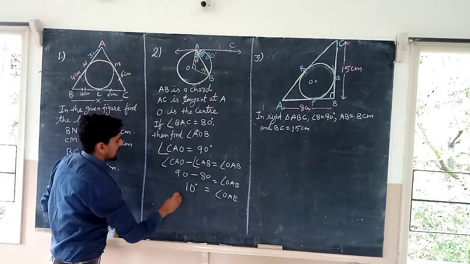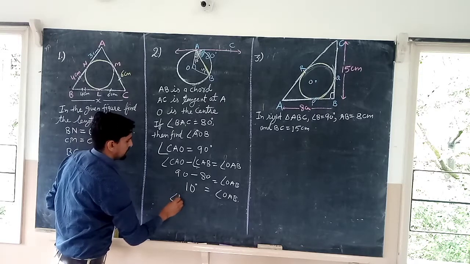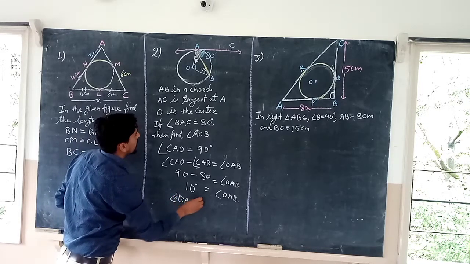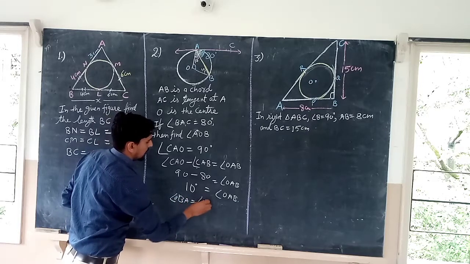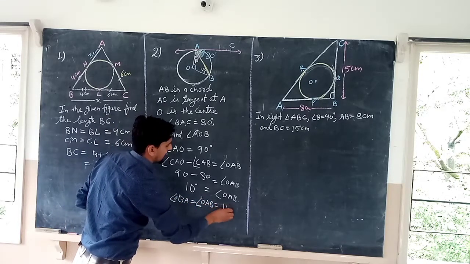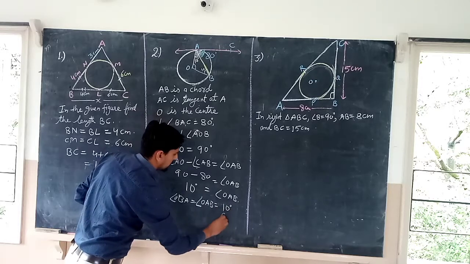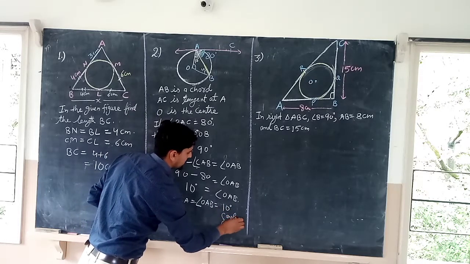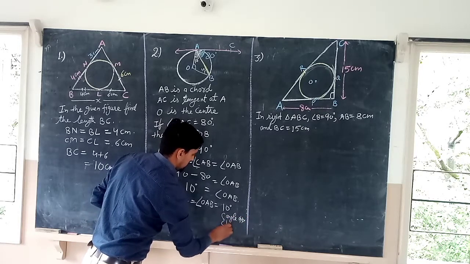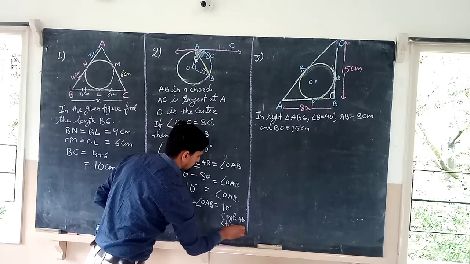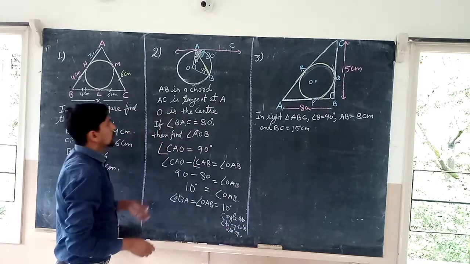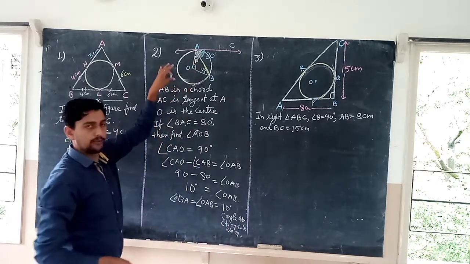So I can say angle OBA is equal to angle OAB, which is equal to 10 degrees, right? You can give the reason: angles opposite to equal sides are equal. So we found these two angles.